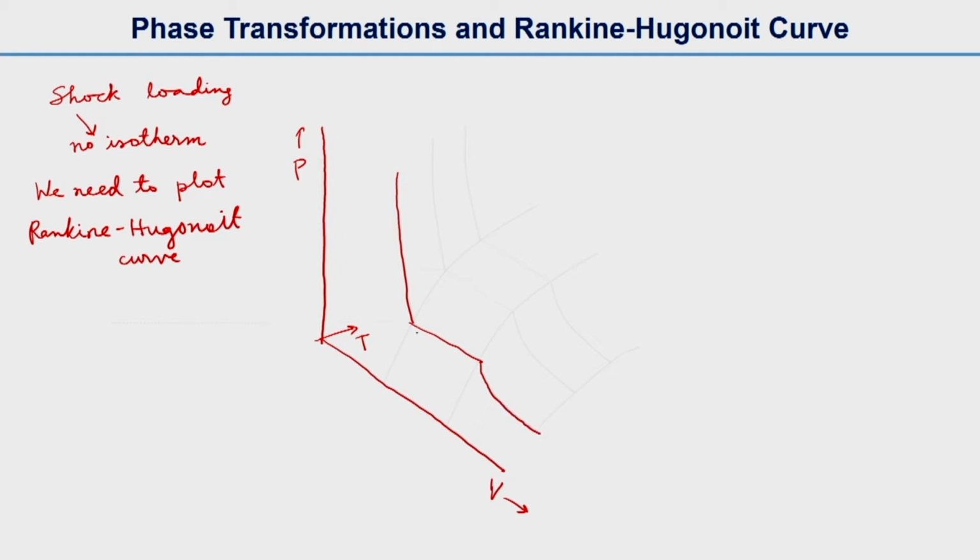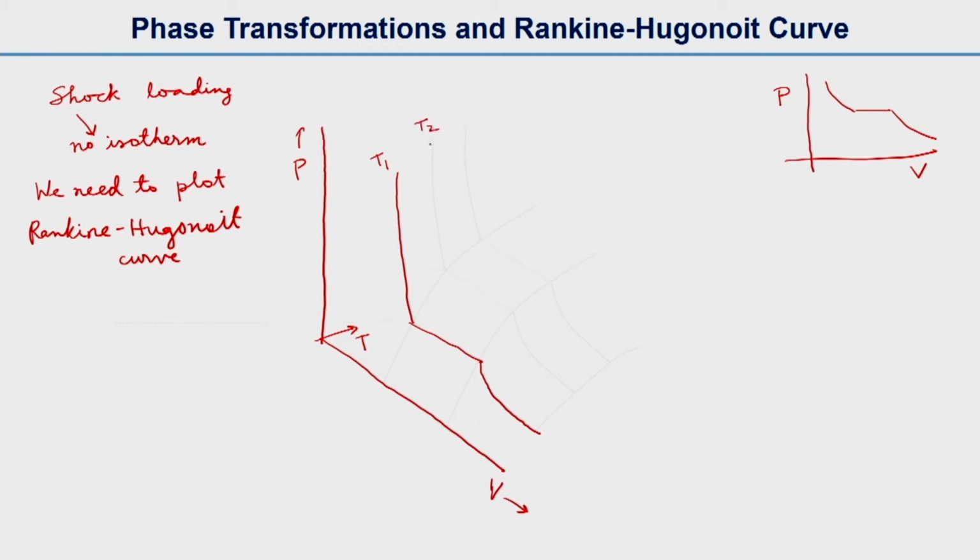So this is one isotherm. You can understand this is the same as what we did in the earlier plots. We have drawn this one isotherm for a phase transformation at, let's say, temperature T1. This is an isotherm because it is at constant temperature.